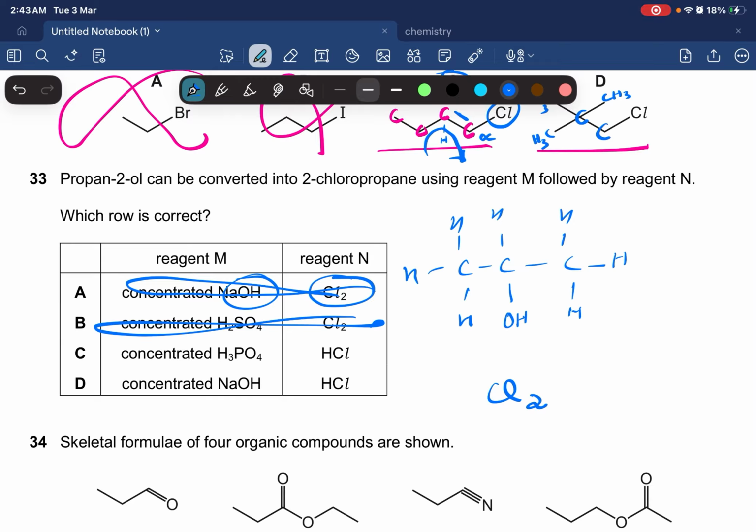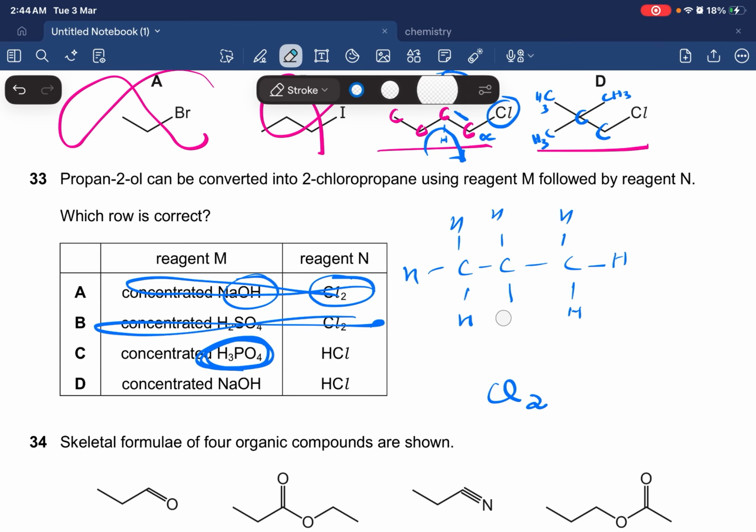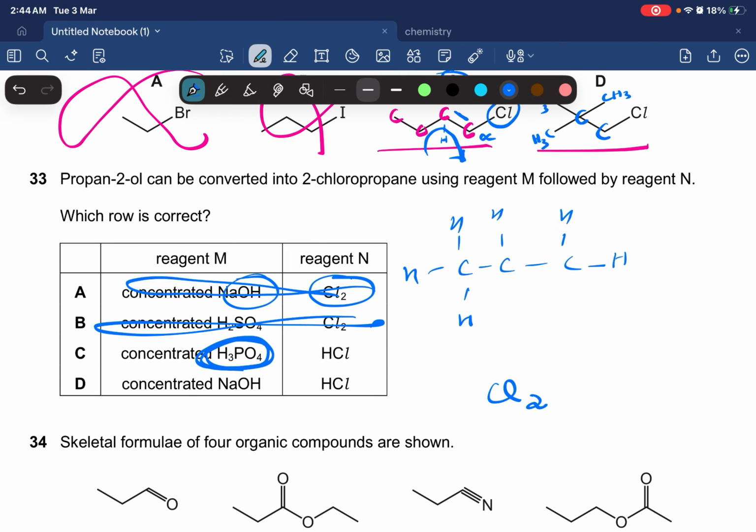If you add Cl2 to it, then it's not going to work out. First, you have to convert it to an alkene, and you only convert it to an alkene by a strong acid. You're going to remove this, and then it becomes an alkene. Now you add HCl to it. Now what's going to happen?